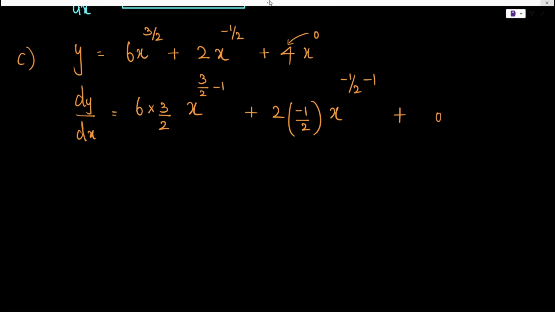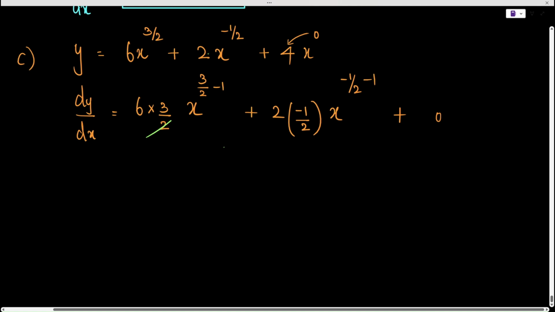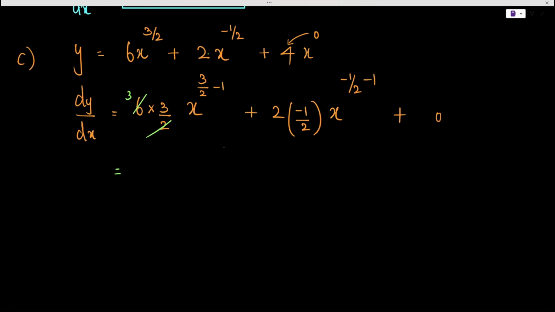Now we can start to simplify our fractions here. 6 times 3 over 2, we can cancel out our 6 and a 2, so we get 3 times 3. So our coefficient of x here is 9. We have 9x, and then 3 over 2 minus 1 is equal to 1 over 2. So we get 9x to the power of 1 over 2 plus, so 2 times minus a half is equal to minus 1.